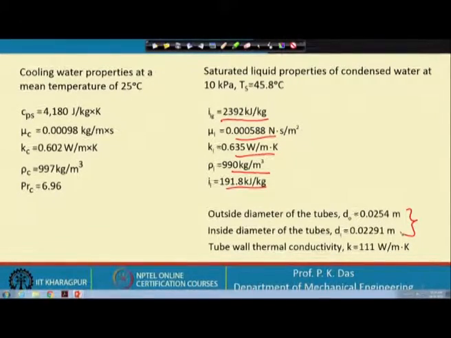Keeping everything floating, designing of a heat exchanger becomes almost impossible, if not a Herculean task. So, certain things we have to assume or take as given. So, now let us go to the next slide.